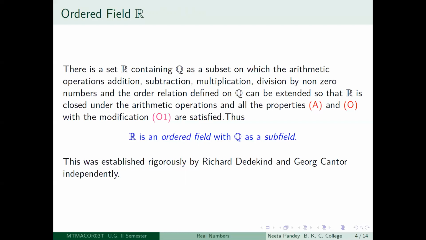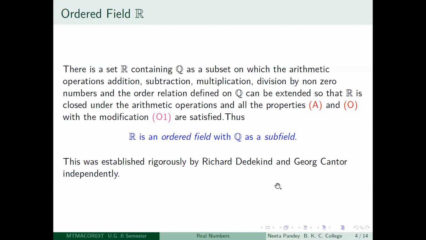What Dedekind did was he took certain types of subsets of rational numbers, called them cuts, and then described how to add cuts, multiply cuts, compare cuts, and so on, and gave the whole description of the set of real numbers from there.